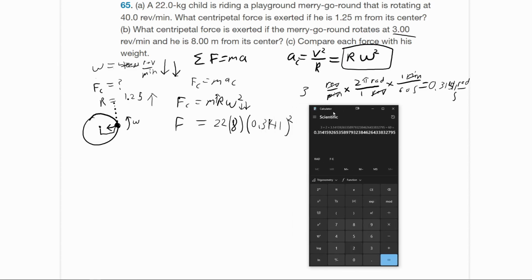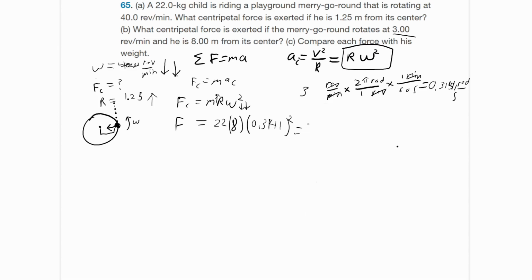Let's break out the calculator again. We have 22 times 8 multiplied by 0.3141 times 0.3141. All right, and we get 17.3, so 17.4 when we round up, and this is going to be newtons.